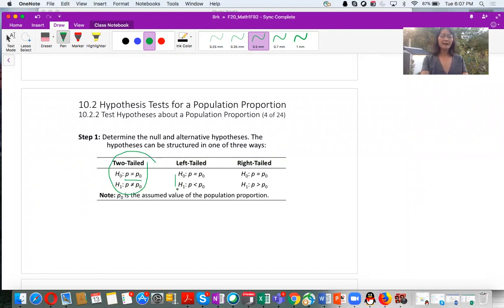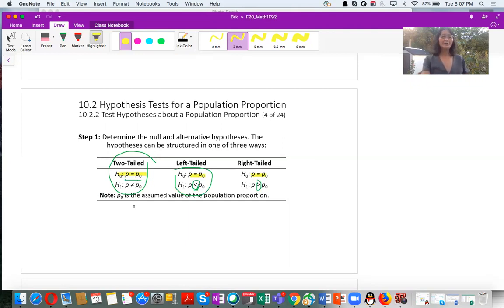If it is left-tailed, H1 is smaller than. Right-tailed means H1 is greater than. In all 3 situations, H0 is the same, equal. It is just H1 that differs. H1 determines whether it is a two-tailed, left-tailed or right-tailed test.